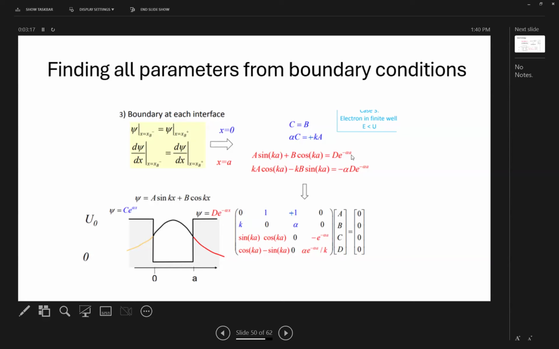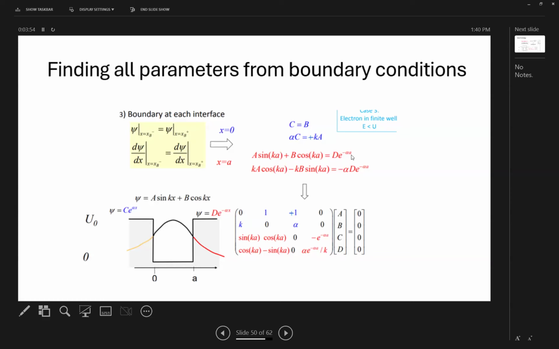Outside the well, we will have two different functions, and both of these functions will exponentially decay as you go away from the well. This function will take a form of d e to the power minus alpha x, where alpha indicates how strongly it decays outside of the well. Same thing is also here. Let's say this is x equal to 0, and this point is x equal to a.